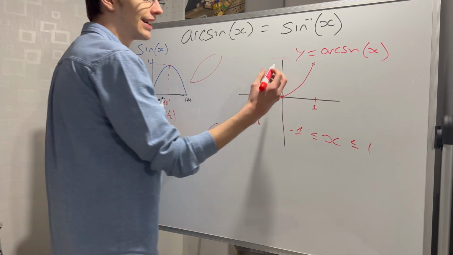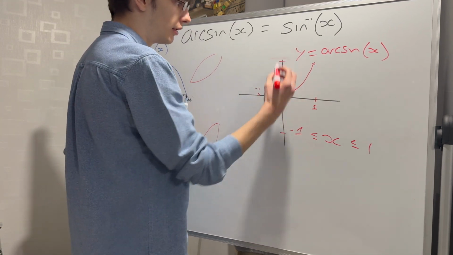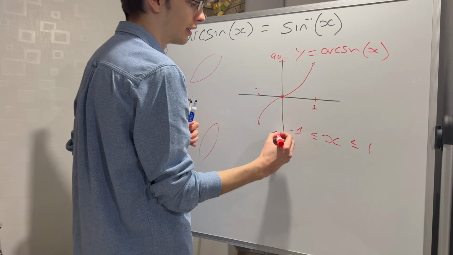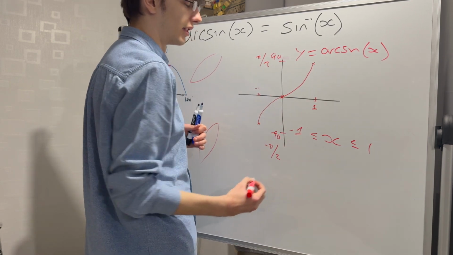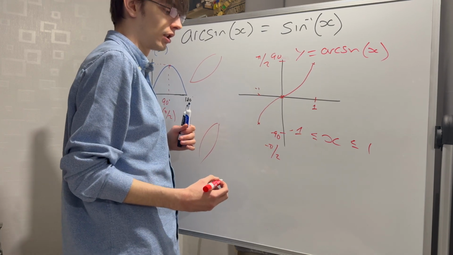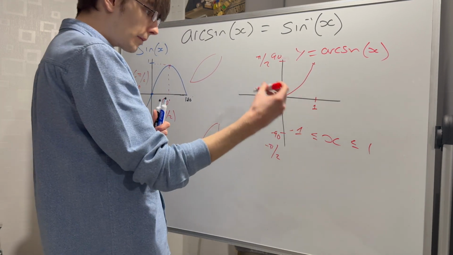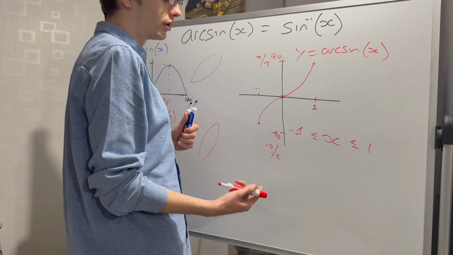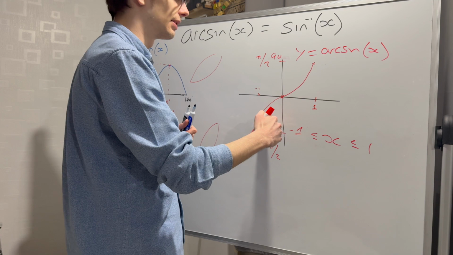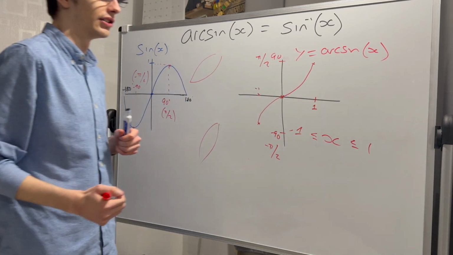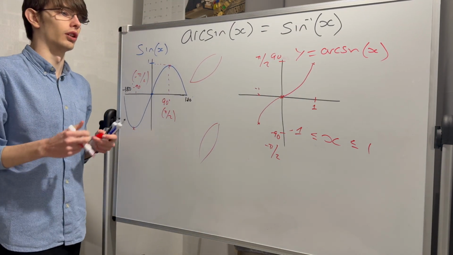In fact, it only goes between -90 and 90, or pi by 2 and minus pi by 2. So my domain is -1 to 1, that's all my inputs. My outputs, I'm only allowed between minus pi by 2 and pi by 2. And that is what an arcsine graph looks like.